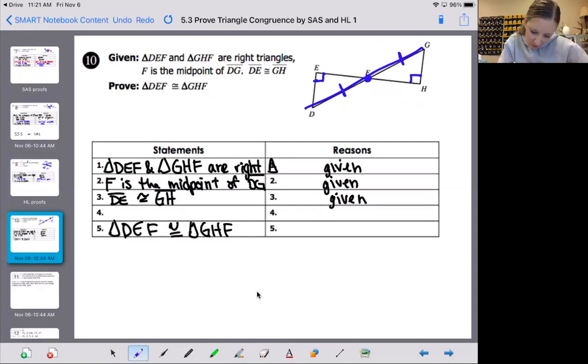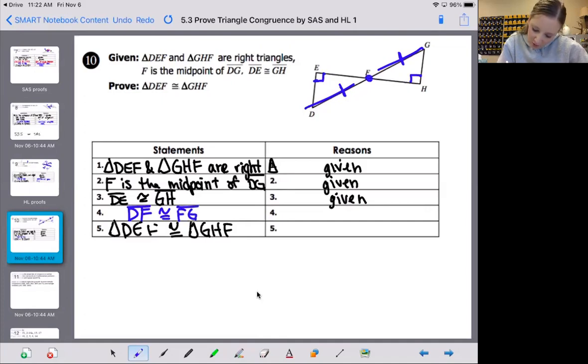Let's see. DE and G. Let's see. DE is congruent to, oh, that's not an E. Sorry, that's an F. I couldn't read it. Okay. I was thinking something was weird. All right, so DF is congruent to FG because of the midpoint, right?